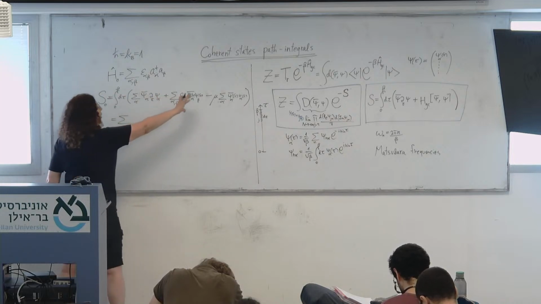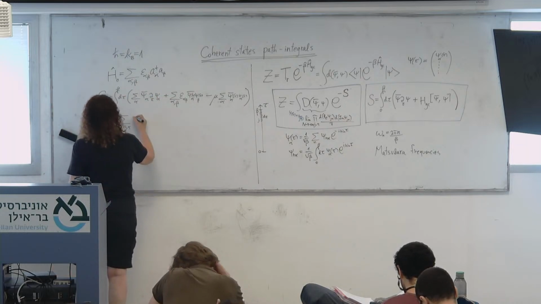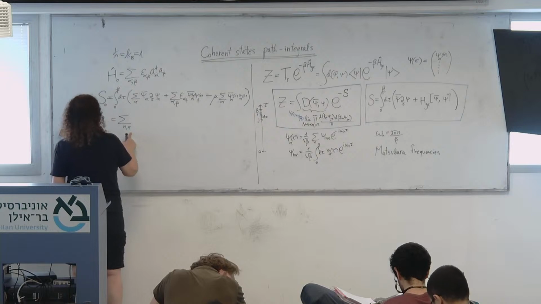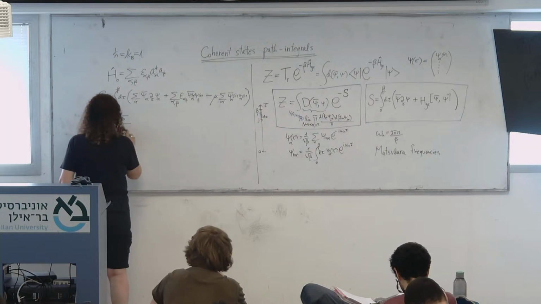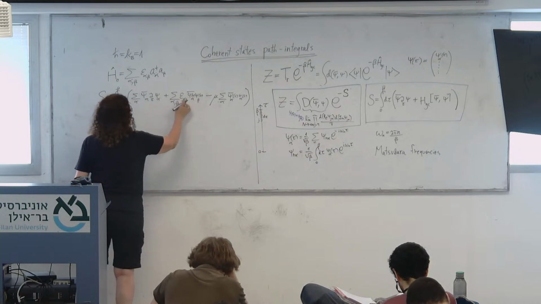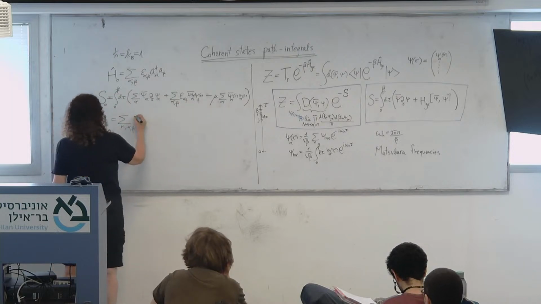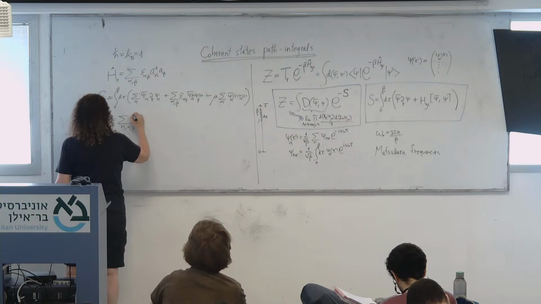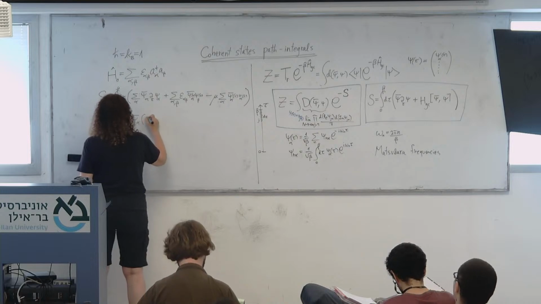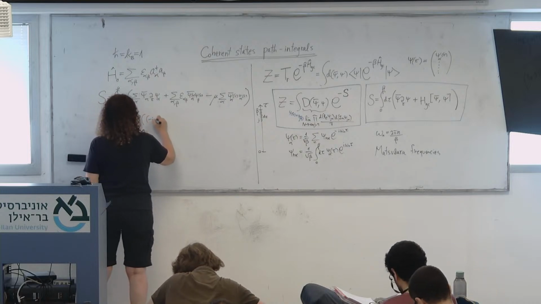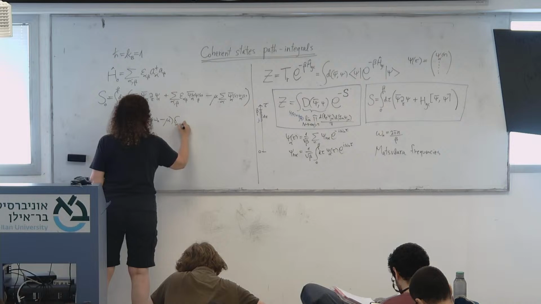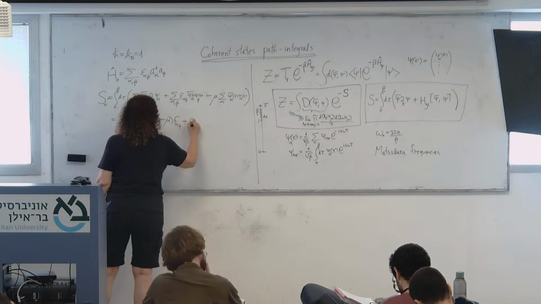The whole action, S naught, can be expressed as a sum over n and alpha and beta, because this term may not be diagonal in alpha, of psi alpha bar times, I'm collecting everything together, minus I omega n minus mu times delta alpha beta plus epsilon alpha beta.